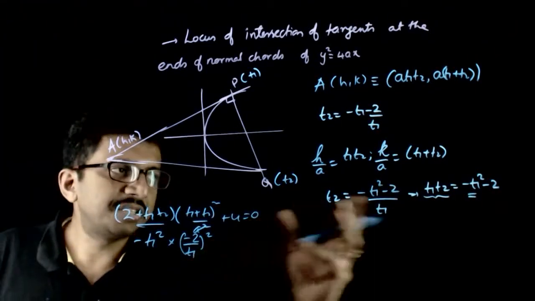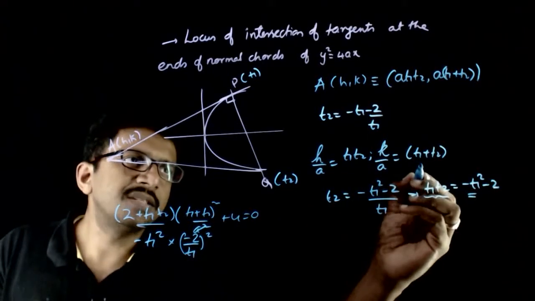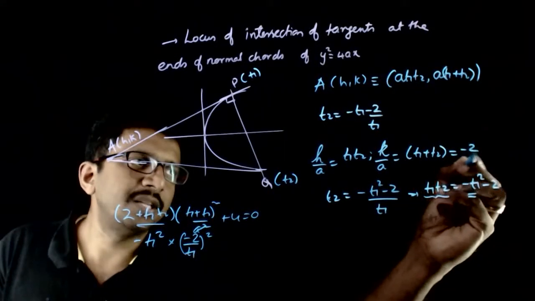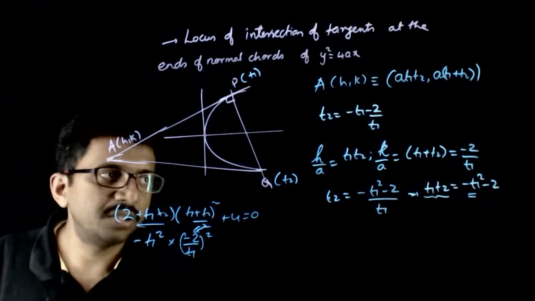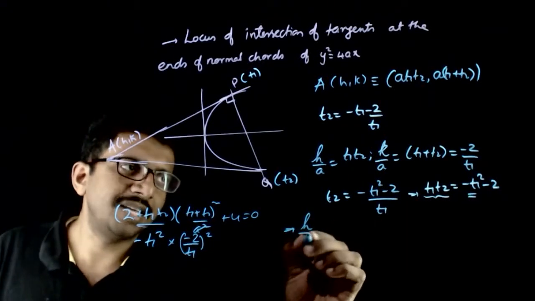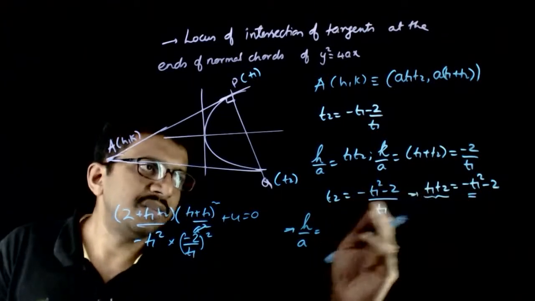Now let us try to eliminate T1. K by A is equal to T1 plus T2. So T1 plus T2 can also be written as minus 2 by T1. This implies T1 T2, which is H by A, is equal to minus T1 square minus 2.